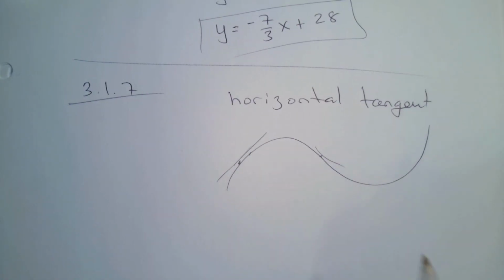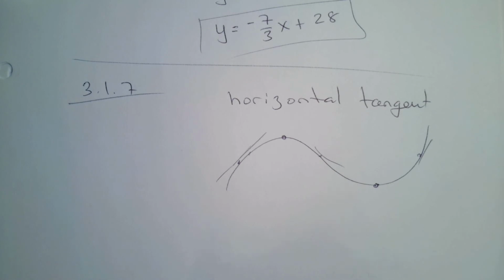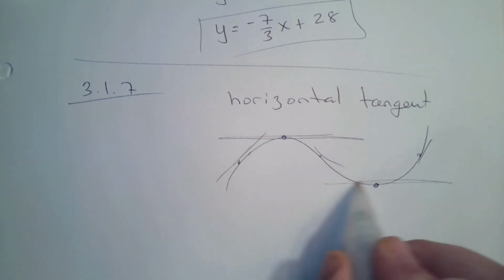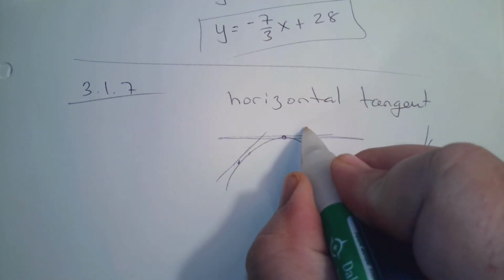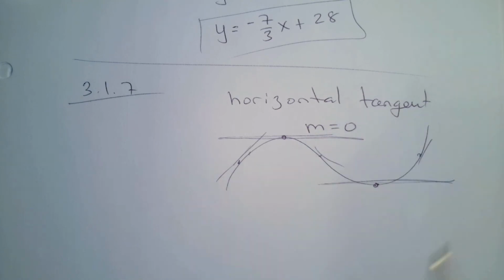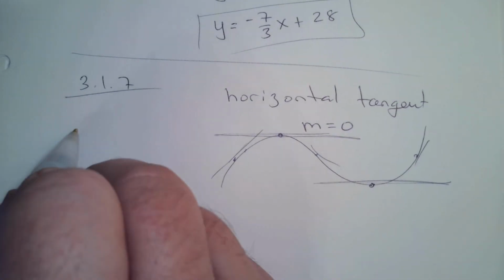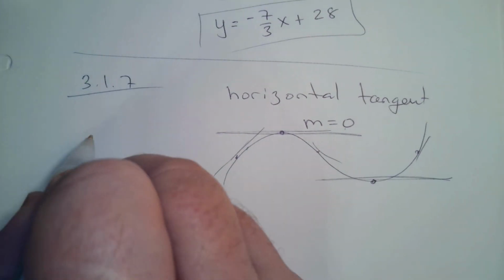Over here it's a negative slope. But what happens at the vertices? That's a horizontal tangent. What's the slope of a horizontal line? The slope is 0. So to find the point where it's a horizontal tangent, we have to find the equation for the slope and set it equal to 0. We have to find where the slope is 0.